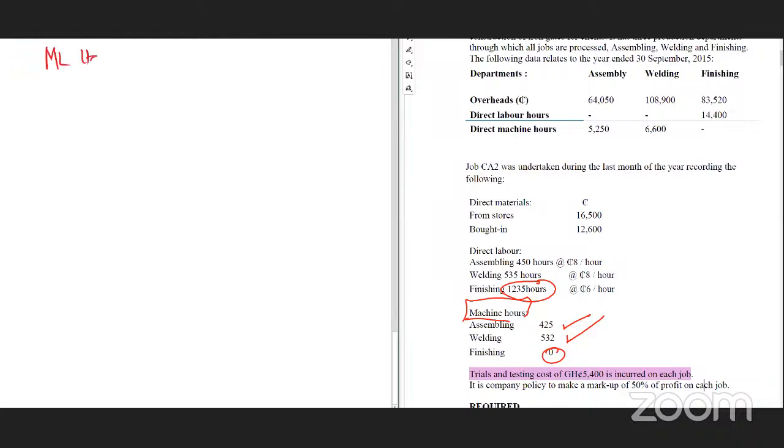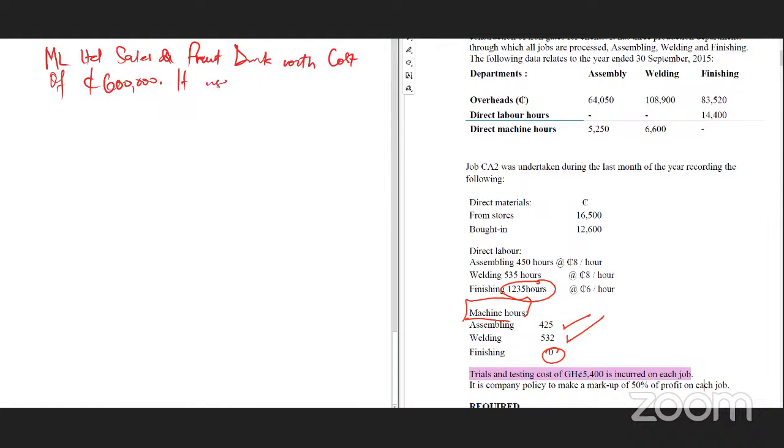AML Limited sells a fruit drink with cost of 600,000, right?